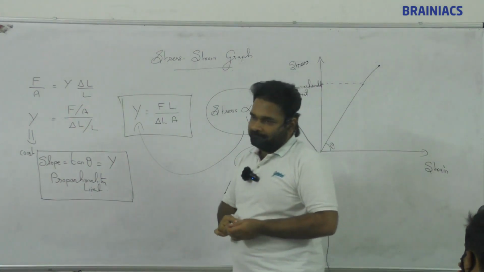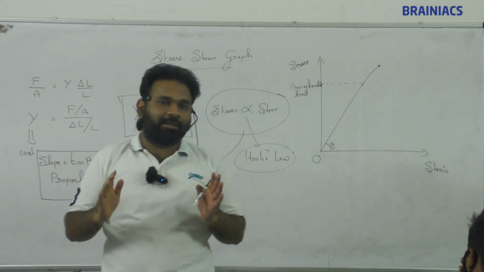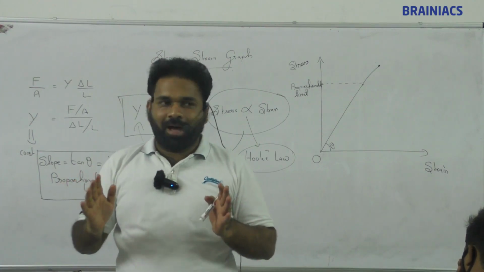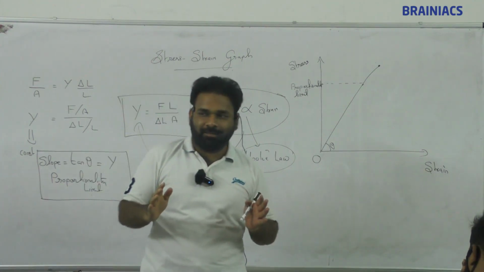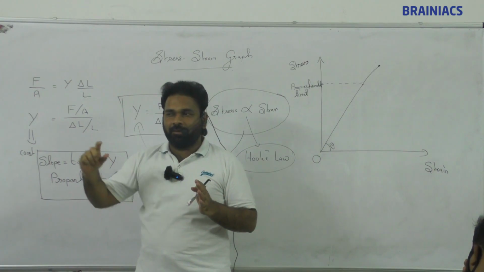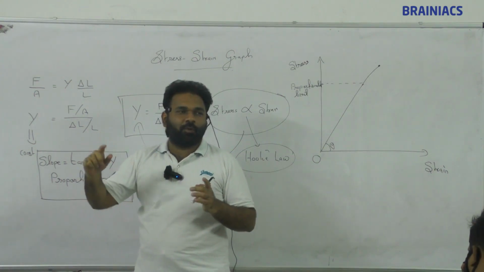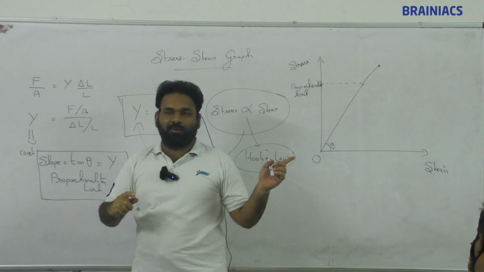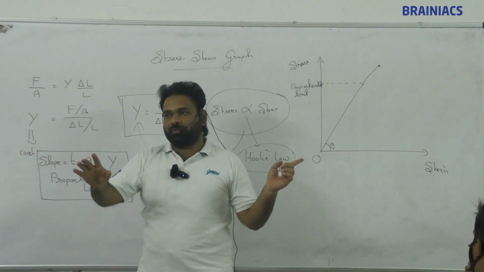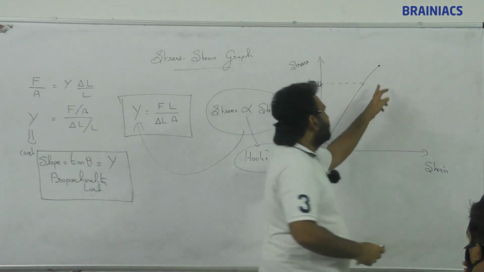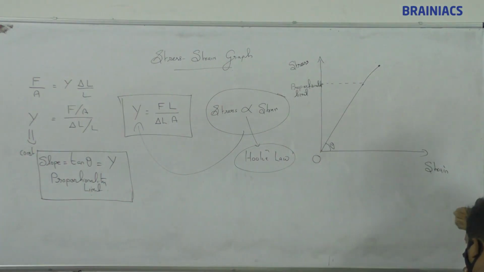The anger level is not based on how much others are teasing, because already someone has done a lot of kindling. Understood or what? Now this time stress is not proportional to strain.